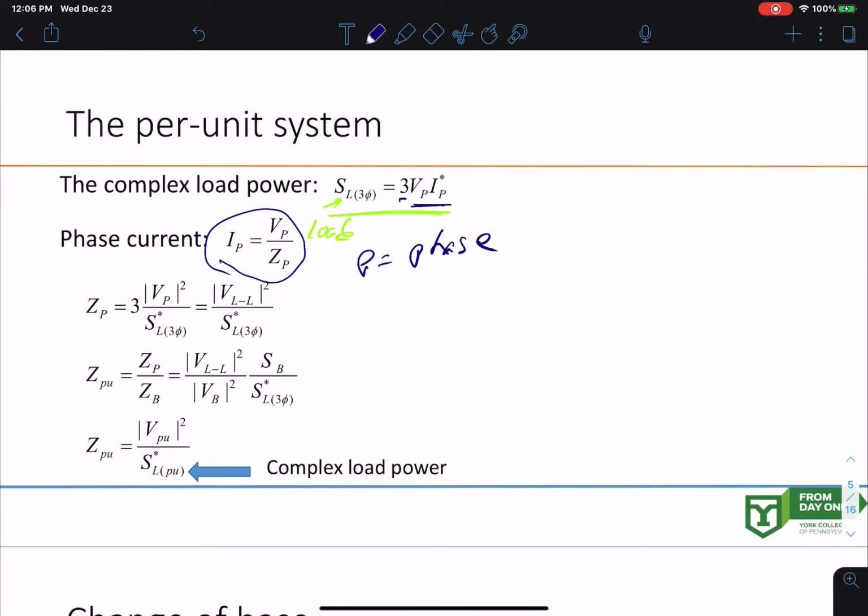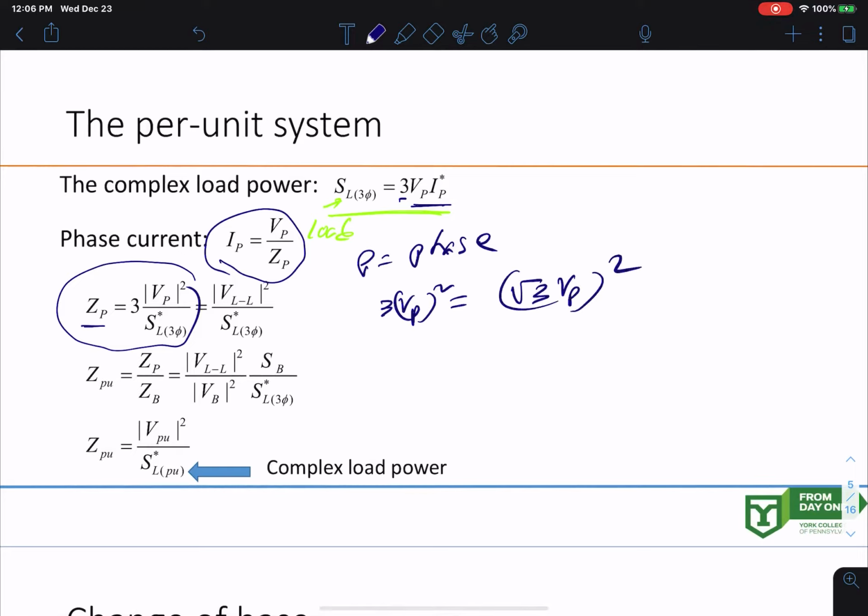Then your S can also be found using this equation, and that could be converted to this one. This is the phase, right? So 3 VP squared can also be written as root 3 VP squared, and this now becomes the line-to-line voltage. So VLL squared, that's what we did over here. Can you see that? And this is the three-phase power for the load.